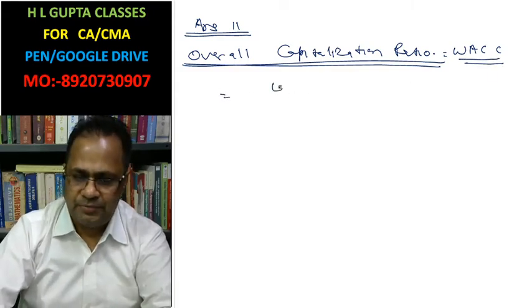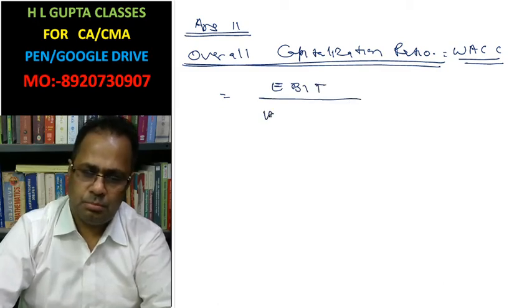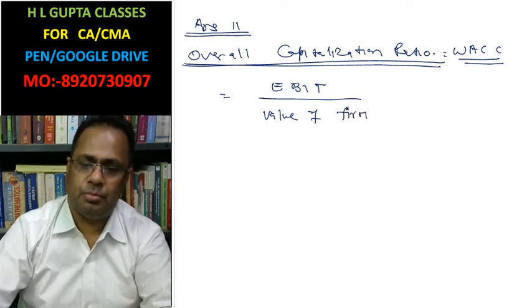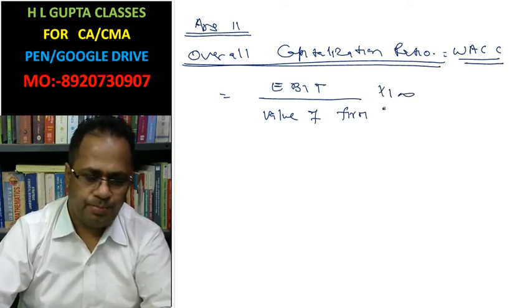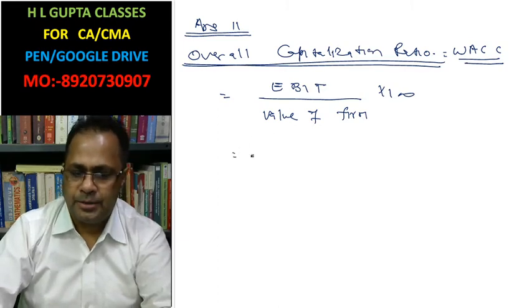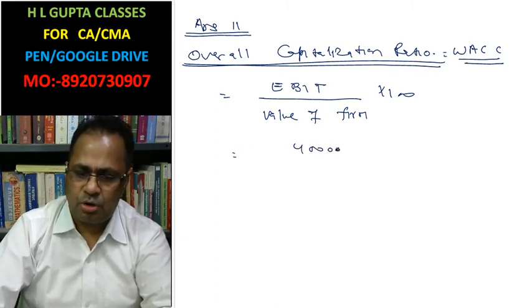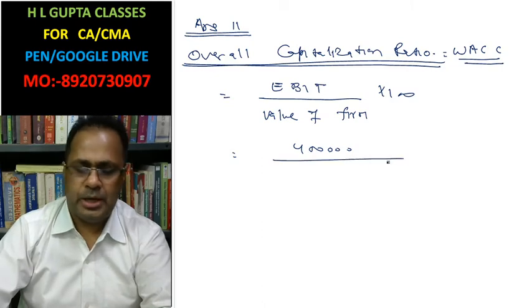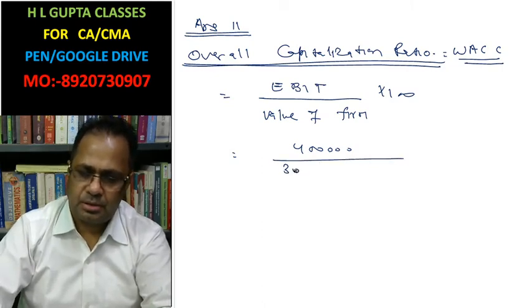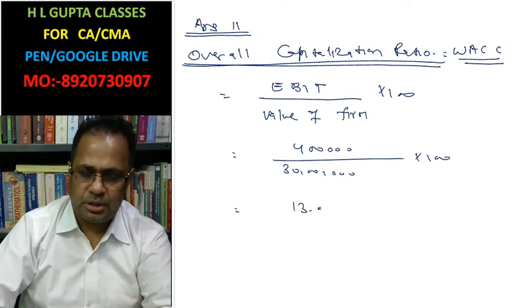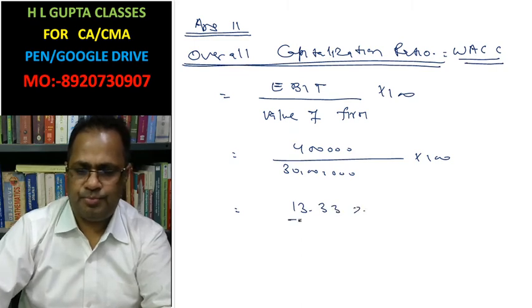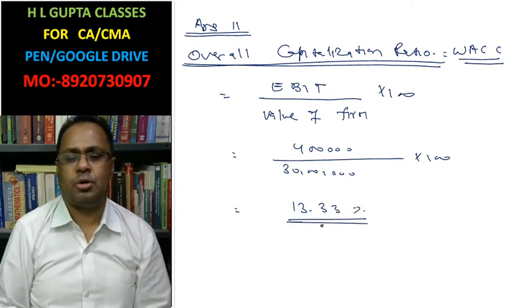The formula for this is EBIT divided by value of firm, into 100. In the question, EBIT is already given as 4 lakh rupees and the value of the firm is 30 lakh, into 100. This is 13.33%. This 13.33% is the overall capitalization ratio.